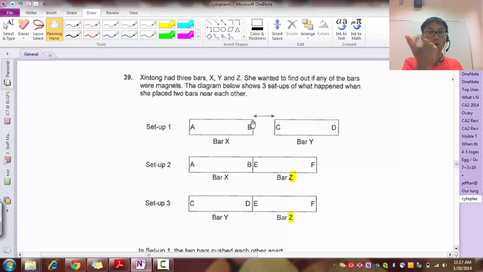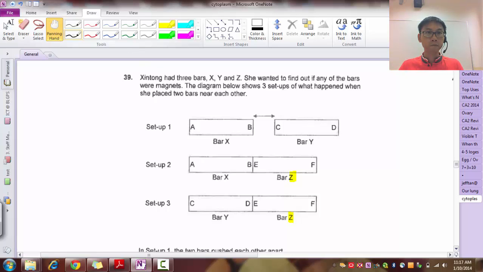If both are magnets and I place unlike poles together, they will attract. But if I turn it around so the like poles are together, they will repel. But if this is a magnetic material, no matter which way I put this bar, it will always attract. That's how you prove that this is definitely not a magnet, it's a magnetic material. That's what we're trying to prove for Z.